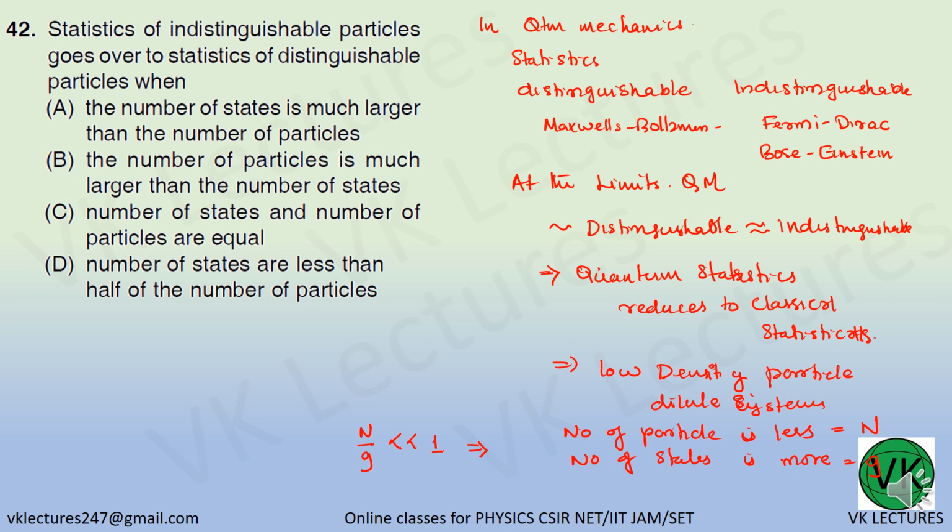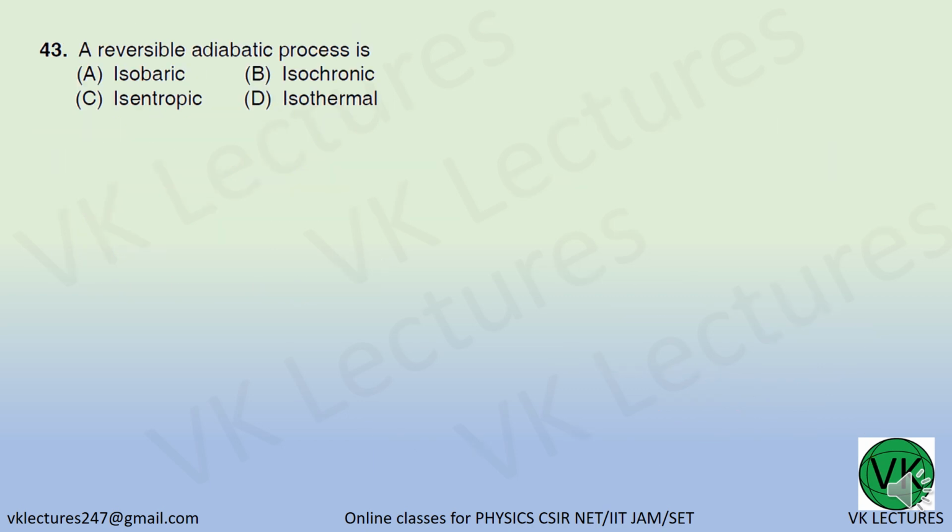Option A. A reversible adiabatic process is. Now let's analyze what is adiabatic. Adiabatic process is when there is no heat transfer, which implies dq is equal to 0.